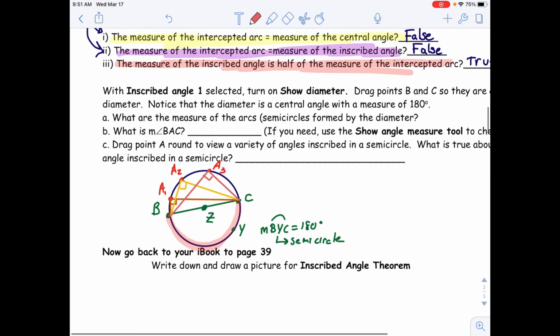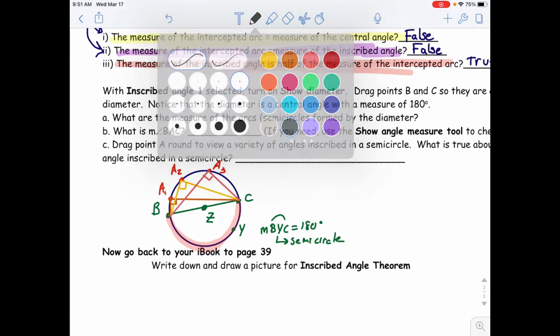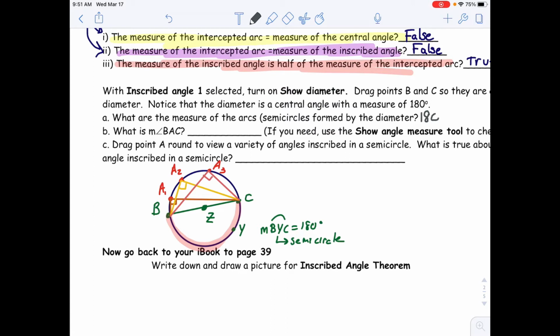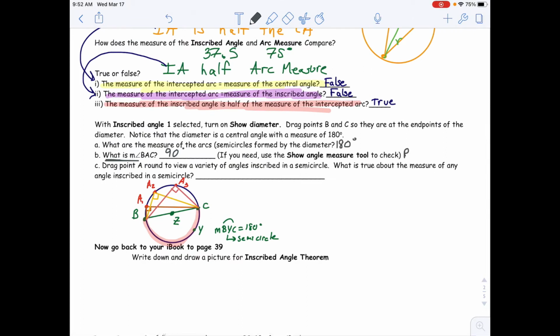So what is the measure of the arc of the semicircle formed by the diameter? We already said that was 180 degrees. Now, what is the measure of angle BAC? And look, I made up several A's, A sub 1, A sub 2, A sub 3. It doesn't matter which one we pick, it's always 90 degrees. And let's even write, it's a right angle.